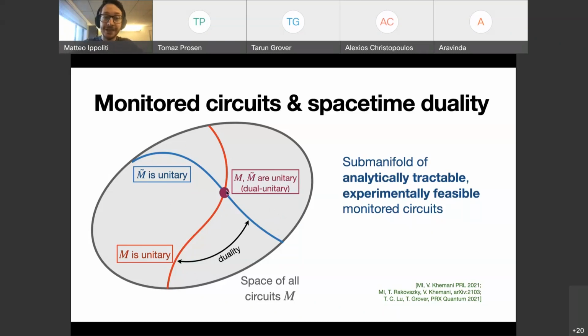This manifold intersects the other one and gives us dual unitary models. But more generally, it also contains all the other models embedded in this space of unitary-measurement type evolutions. So the idea is that these circuits in the blue manifold give us a set of analytically tractable and experimentally advantageous monitored circuits that it makes sense to study from both the theory and the experiment angle.